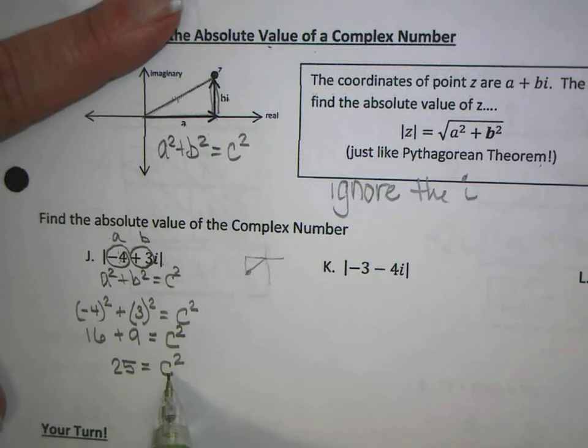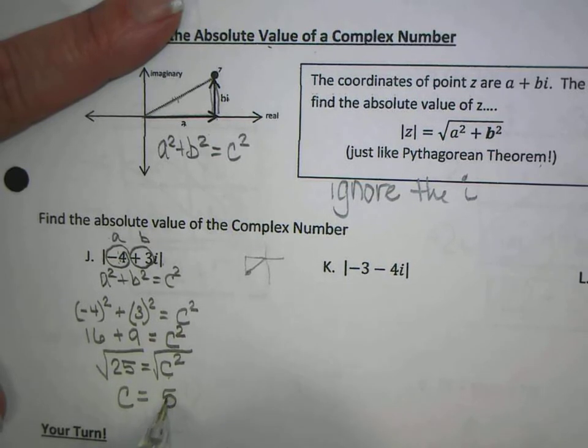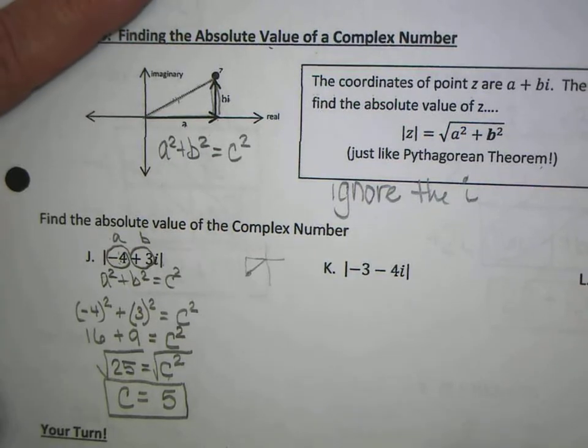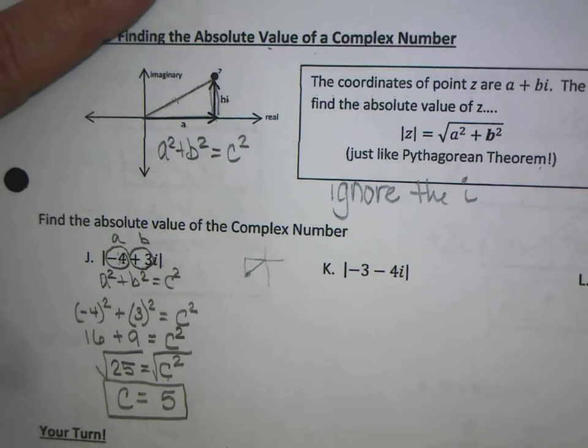Then how do you do the opposite of c squared? You're going to find your square root. So c is going to equal 5. Yes, it's plus or negative 5, but we're not going to worry about that here. The only time I'm really concerned about the plus or negative is when it actually affects the answer, which you'll find out when we do the quadratic formula in another section or two.